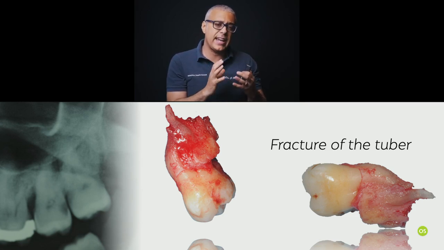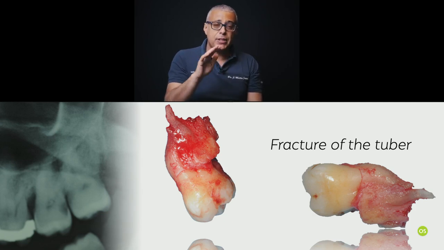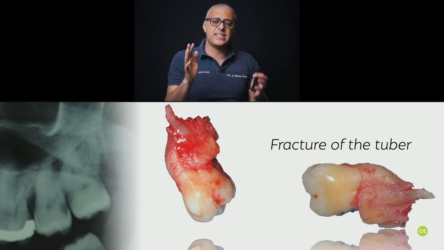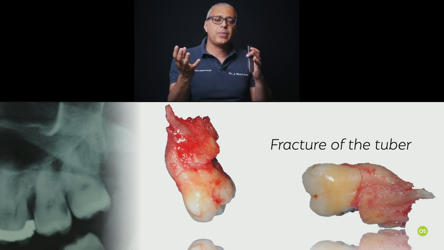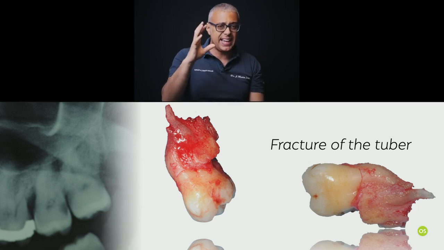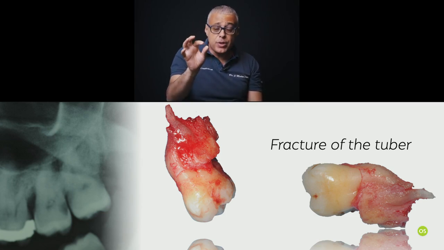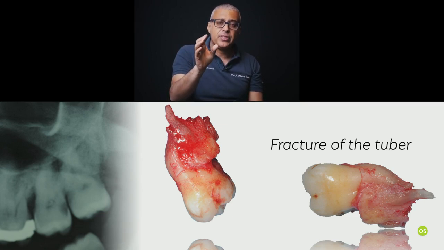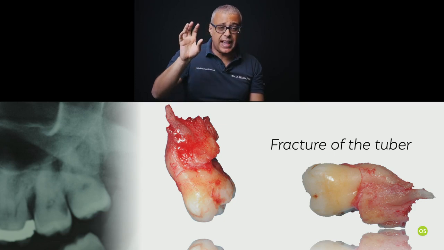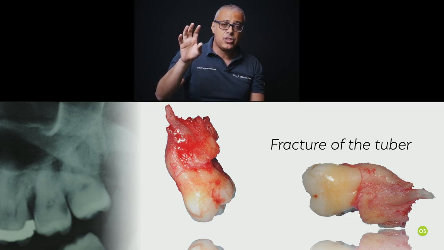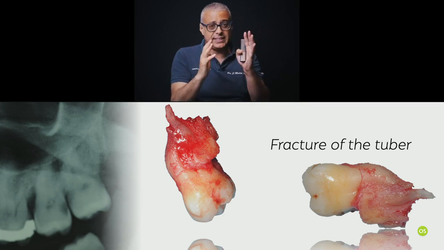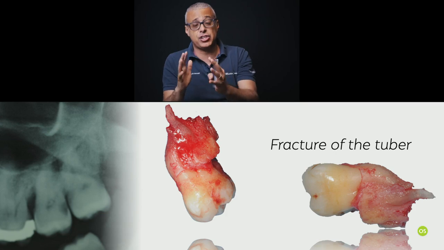It is always important to create a separation between the soft tissue in the distal palatal aspect, because when we fracture the tuberosity, it can remain attached to the soft tissue, and when we apply a forceps or a tweezer to extract the tooth, we can have a lesion of the soft tissue of the palatal aspect, and this can create a hemorrhage in the surgical site, due to the fact that the tooth is attached to the tuberosity and the tuberosity is attached to the soft tissue.